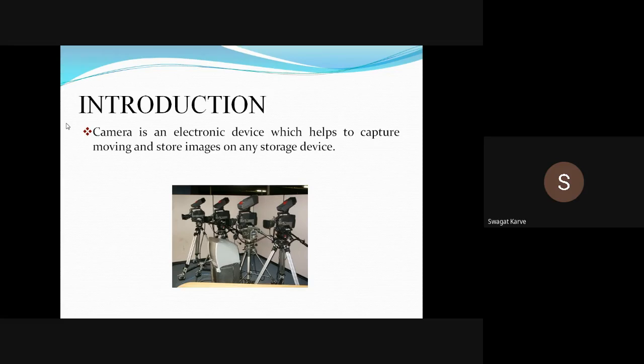It has a capturing lens, then a conversion mechanism from analog to digital, and the digital part you can store in a memory. So it must have a storage device, that is nothing but a memory. So it has a capturing part, a conversion part, and a storage part.